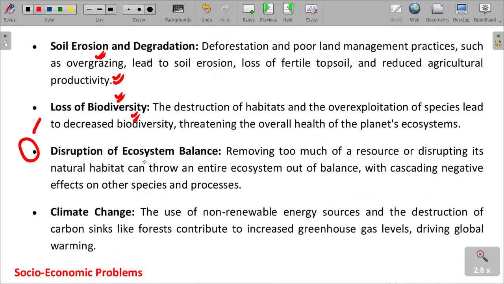We can relate this to the point above, as these points are intertwined. Removing too much of the resources or disrupting the natural habitat can throw an entire ecosystem out of balance, which worsens the negative effects on other species and processes. If you look at the interdependence of natural resources, vegetation is important for protection of our soils.